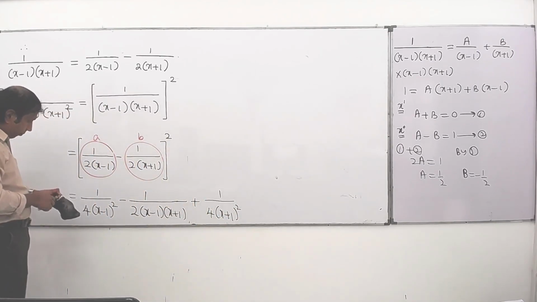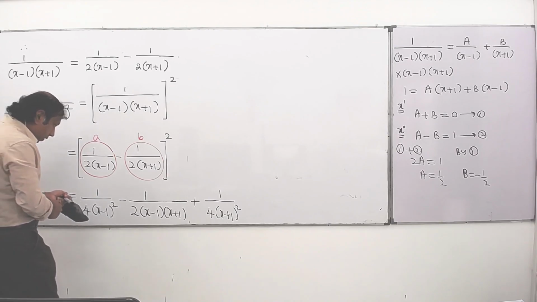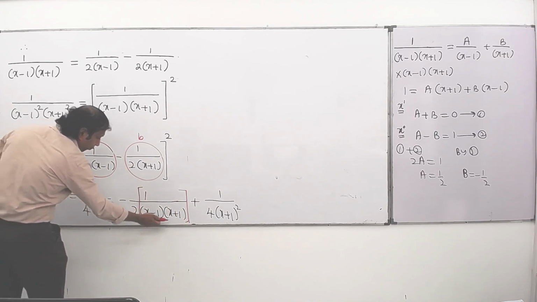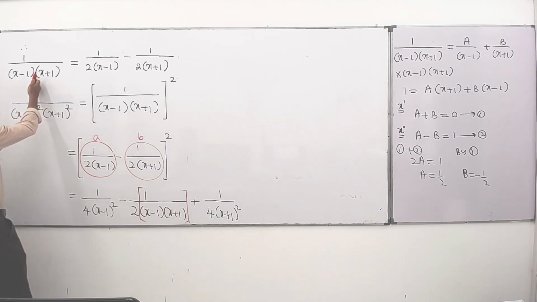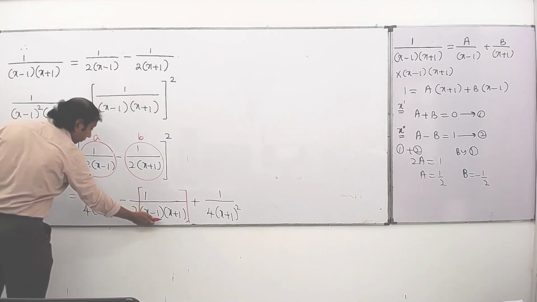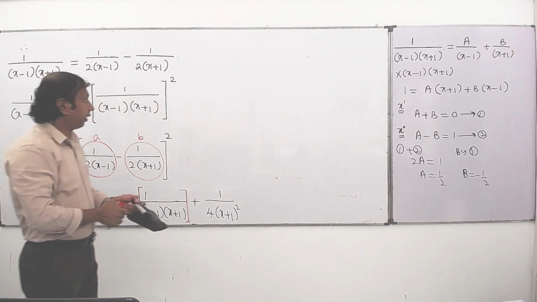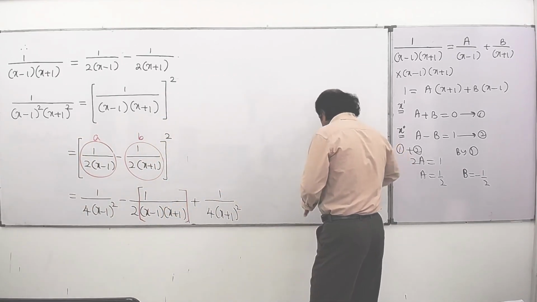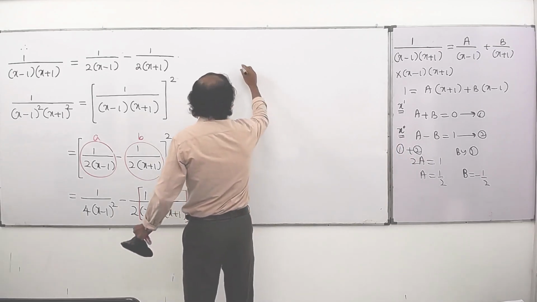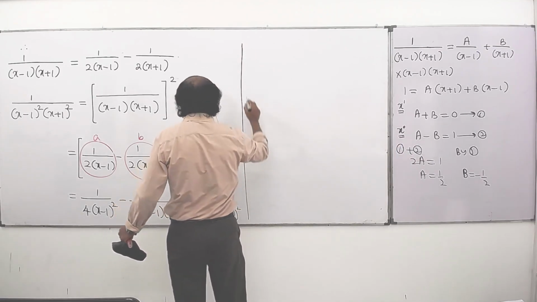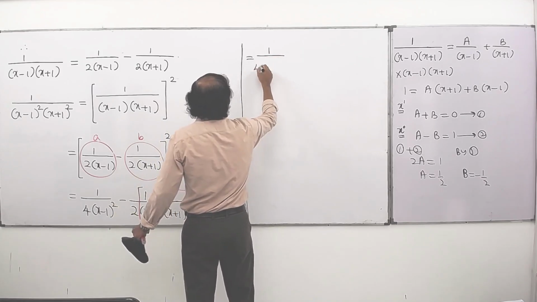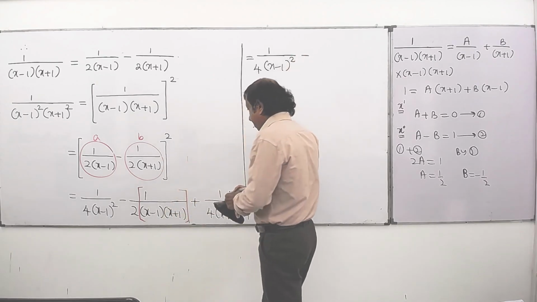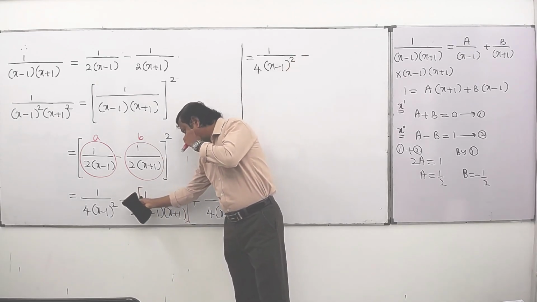Now you can see here, this part when I take separately is nothing but 1 over (x minus 1)(x plus 1), again this. For that I can put this here. Then I can write this equal to 1 over 4 times (x minus 1) perfect square. This minus half I can keep before.